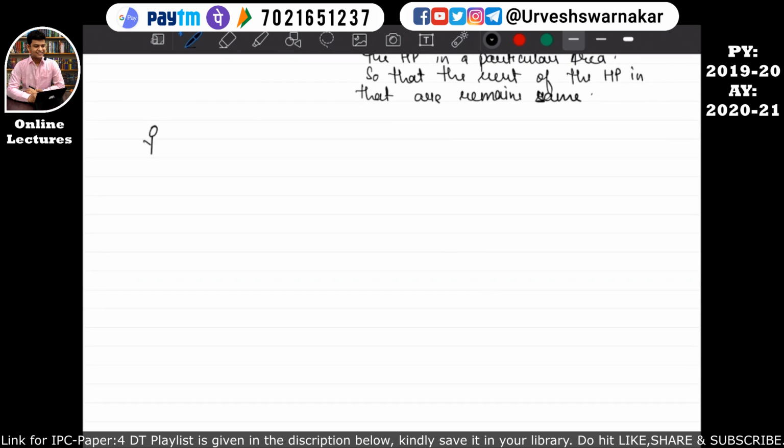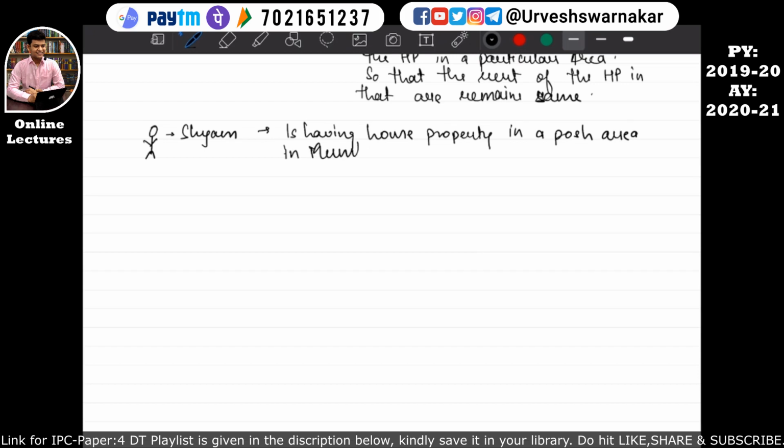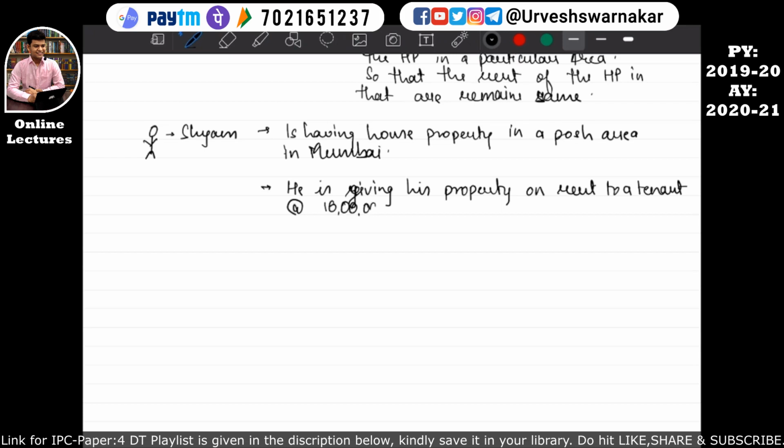Earlier in our example we had Mr. Sham, so let's take the same assessee, Mr. Sham. Mr. Sham is having a house property in a posh area in Mumbai, and he is giving his property on rent to a tenant at the rate of 10 lakhs per annum.